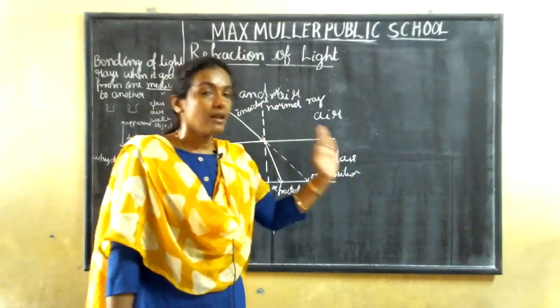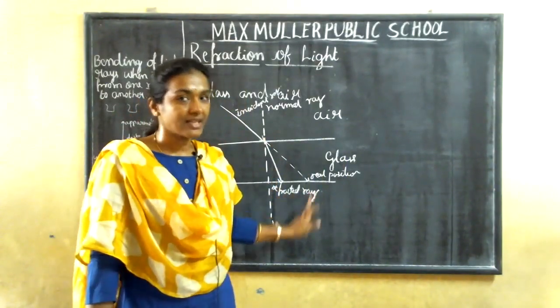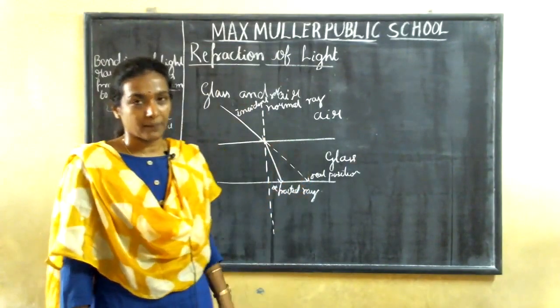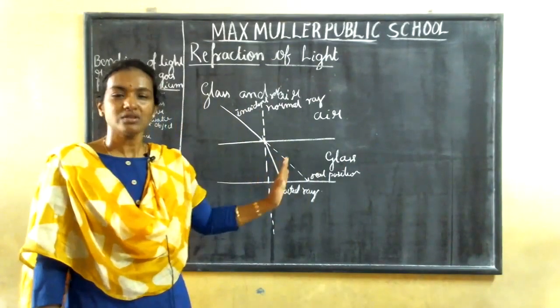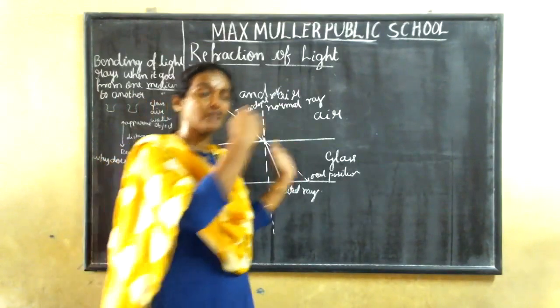Now this is the refracted ray. It is going to bend towards the normal ray. Can anyone say why it is going to bend towards the normal ray? Why is it going away from the normal ray here?